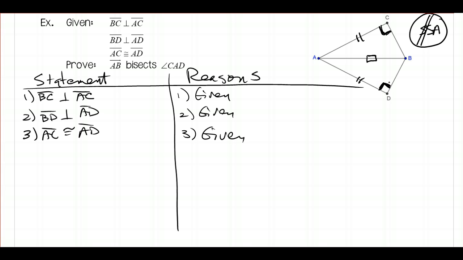You can always use the other methods as well, but we can use hypotenuse leg. So we've got these two sides here. This is our legs. Then we need the hypotenuse, and we can see the hypotenuse is that shared segment, so that's the reflexive property. So we have AB congruent to AB by the reflexive property.